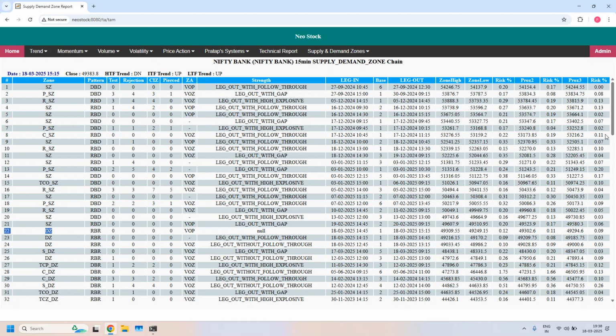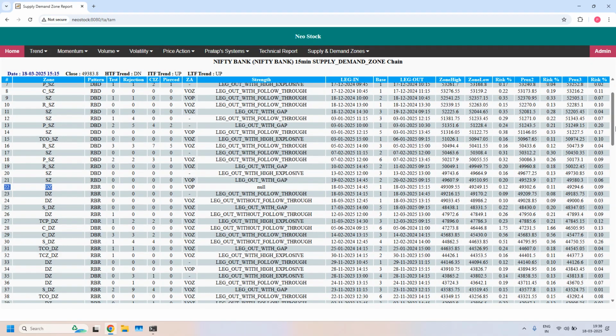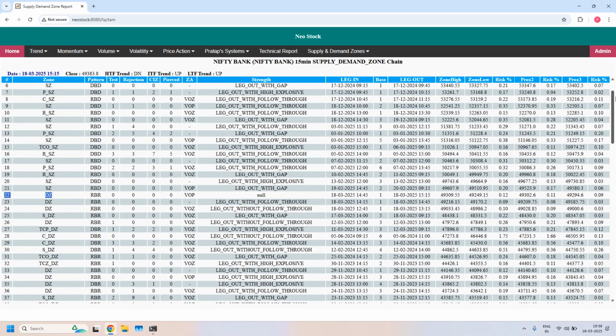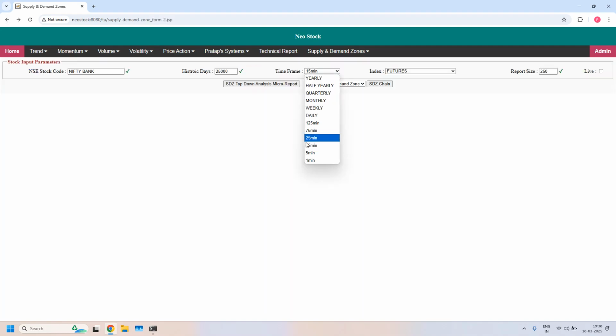Let me adjust in the middle. Okay, next, 5 minutes supply demand zone chain for Bank Nifty.